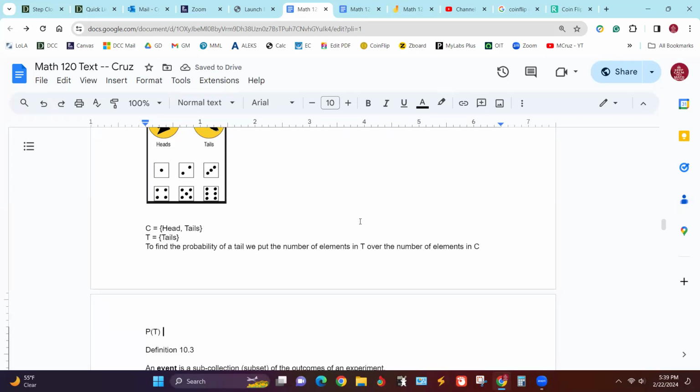People in math are real big on using shorthand. So the probability of T is equal to 1 over 2, which is 1/2. And that kind of makes sense, which is 0.5 if you do it as a decimal. See if we can get the calculator out here and show you.